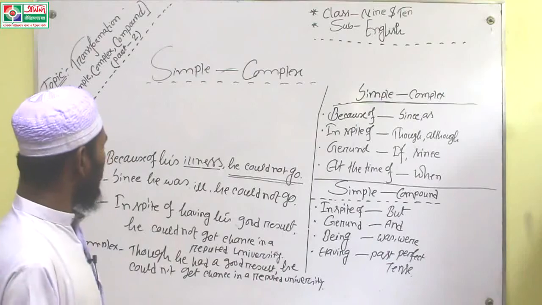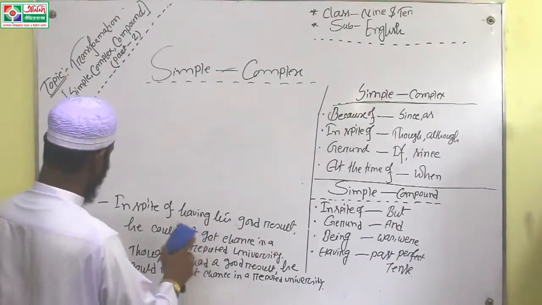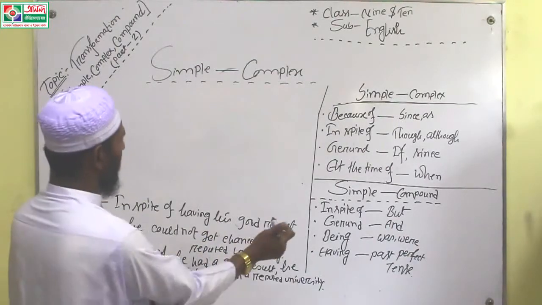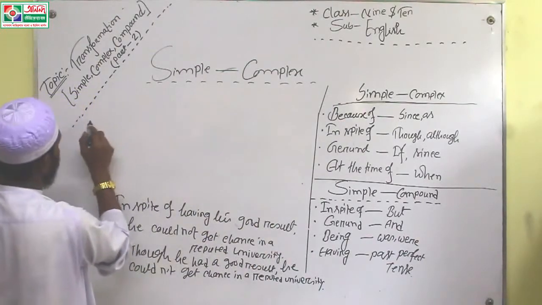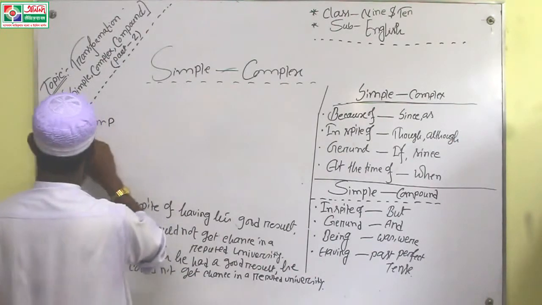This is simple to complex. Okay? You may write examples with me. We are discussing now simple to complex. Gerund. Simple. Number 2, 3.